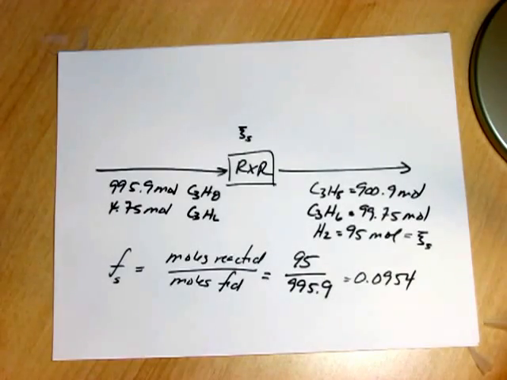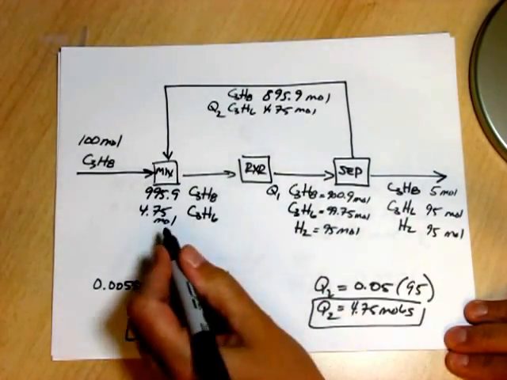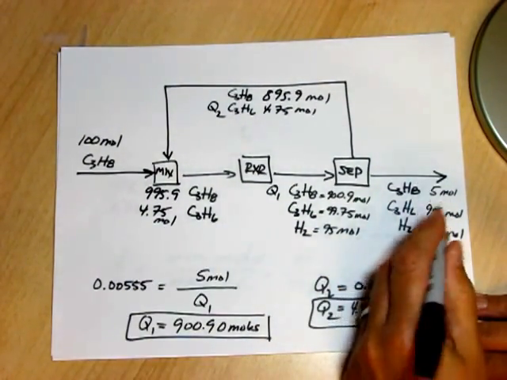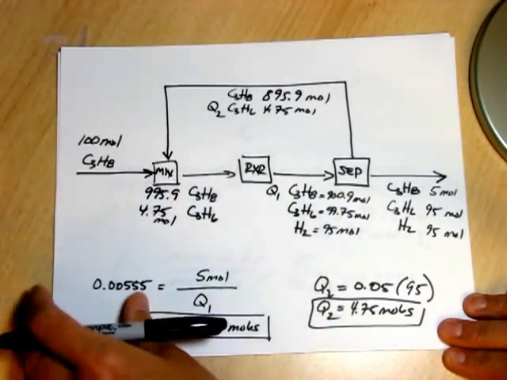So we now have all of the results for the problem, and we could calculate from the final molar flows here what the mole fractions are in each stream and any other questions that might be asked for this problem.